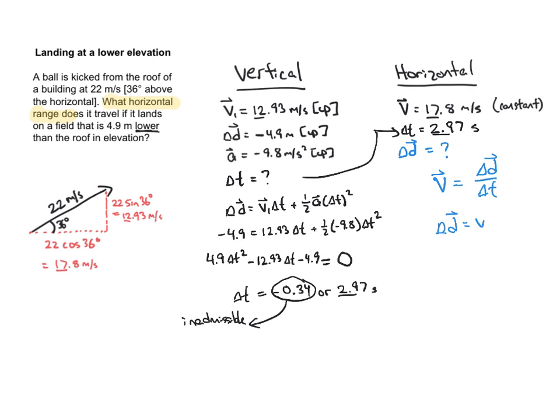That will be velocity times time. So I'm multiplying those two numbers together in my list, and that is giving me 53 meters.